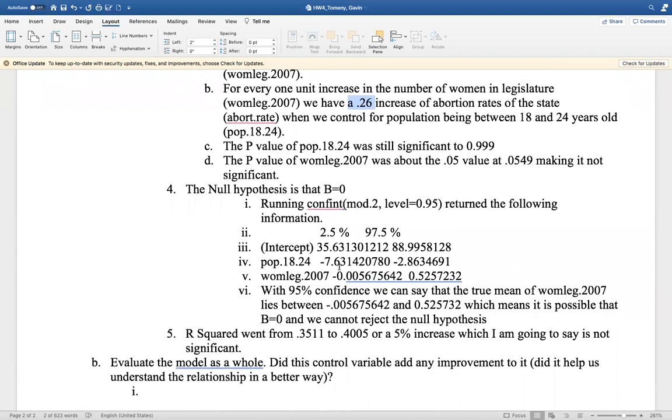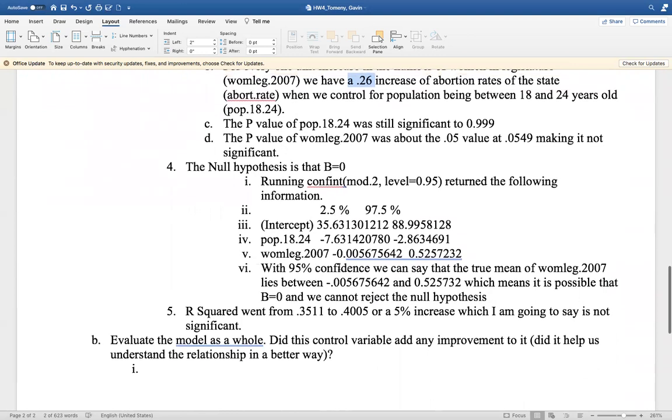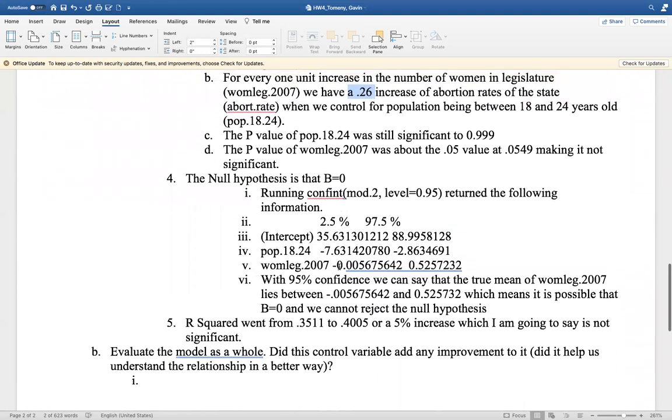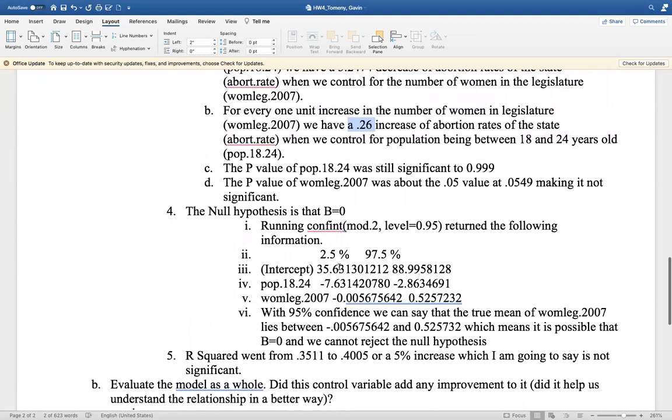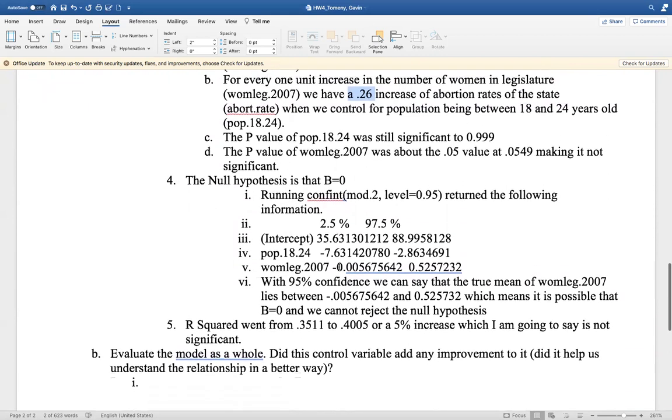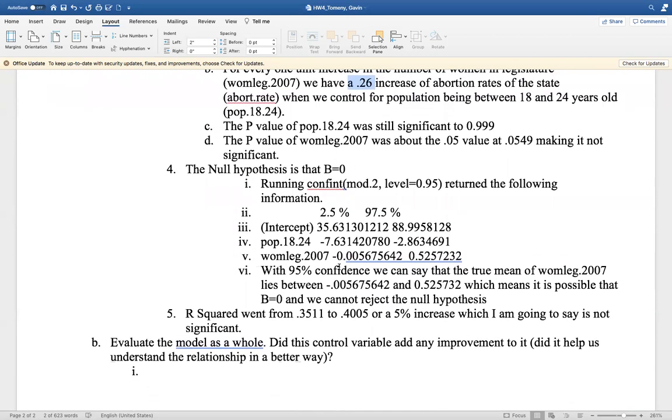And then from what we saw right now, comparing the new equation while controlling for women ledge, that's just basically the part that we're answering for part B, right? Like how it didn't really help us understand the relationship much better. Correct. It did not improve on the relationship and help explain the relationship.